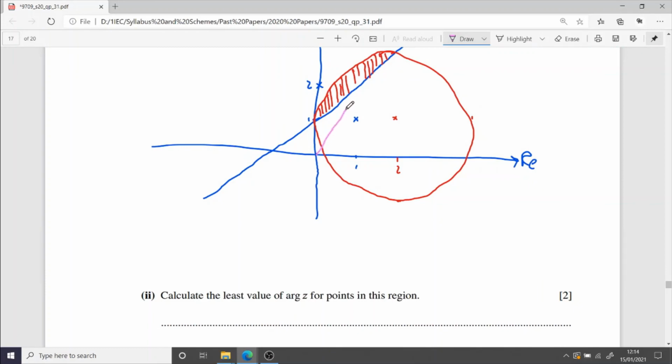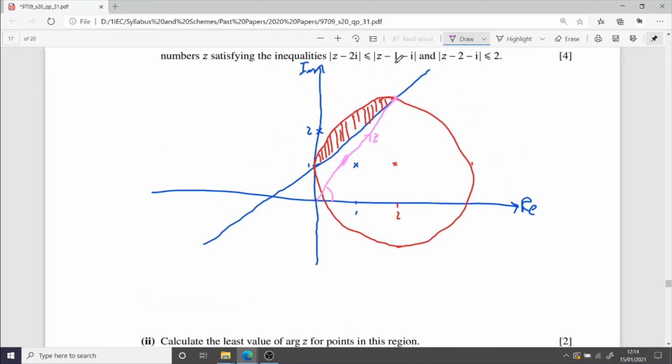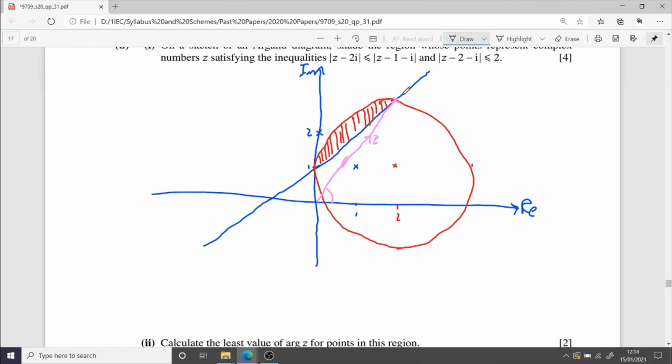So that would be the point on the very extremity of that region there. So this is the line we're looking for. Any point elsewhere in the region would have a greater angle. So this is the one we're looking for.